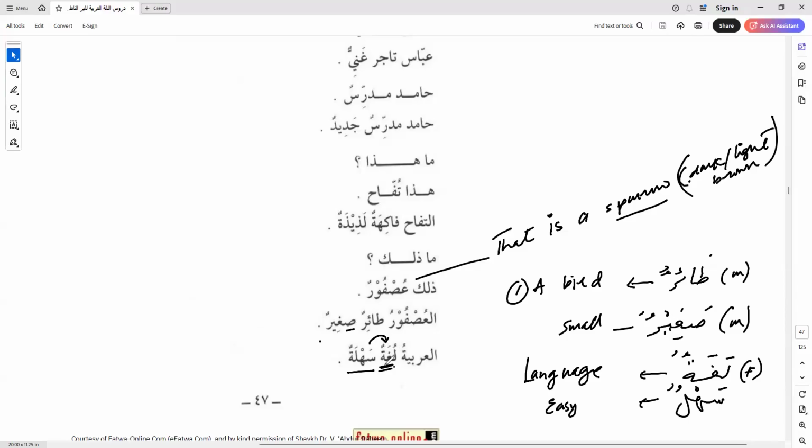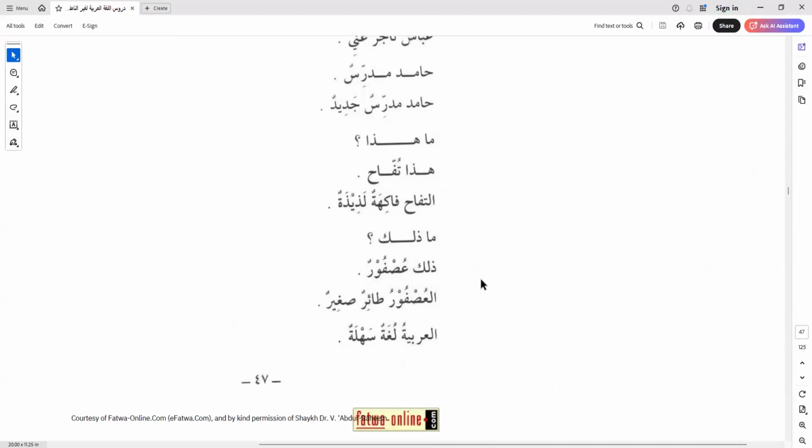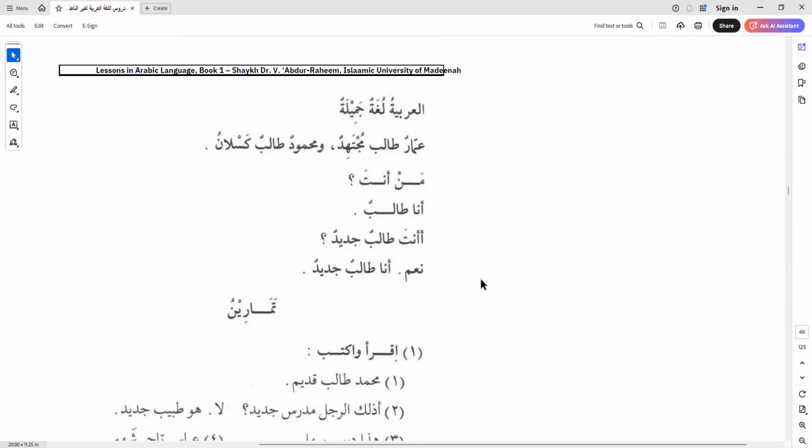But because the language is feminine, then we have to say sahlatun. Lugatun sahlatun. Ta'irun sagirun. Fakihatun lezizatun. And on and on. So the rule is that if the noun is feminine, the adjective is feminine. If the noun is masculine, then the adjective is masculine.